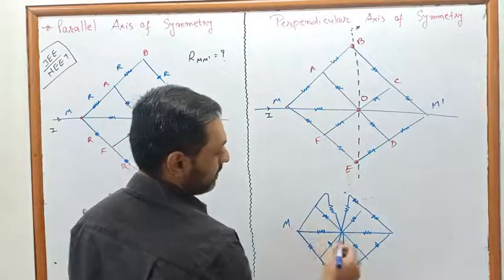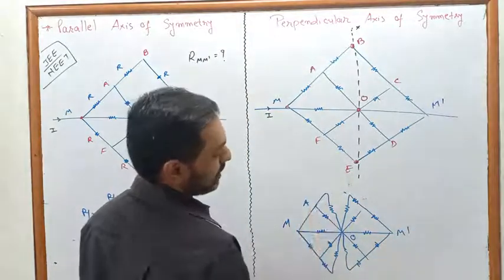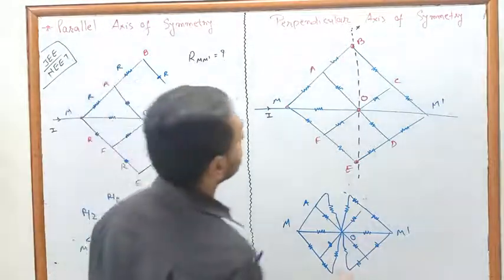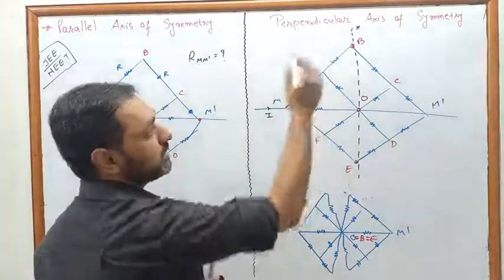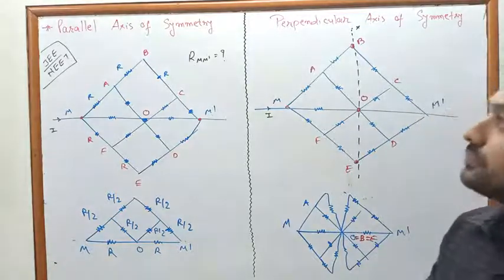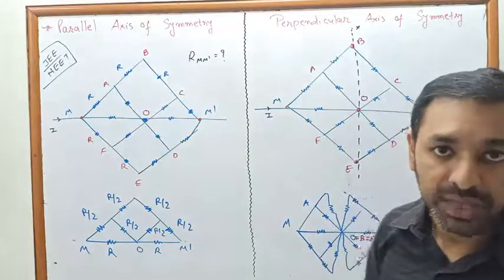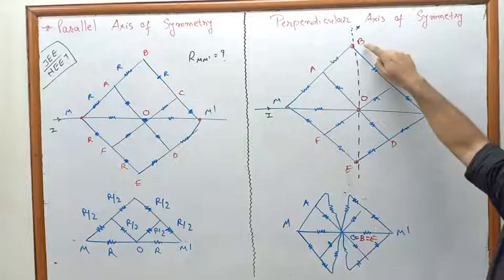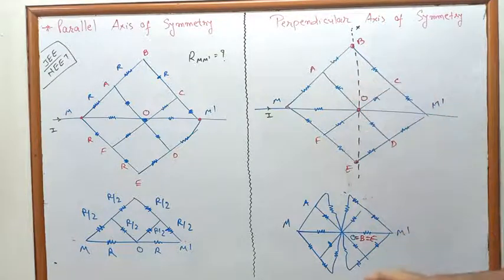This is point M, O, M dash. This is A. What you have done is you have joined point O is equal to B is equal to E. You have joined these three points. So it is very simple. If you find parallel axis symmetry, then you can fold the network, and if you find perpendicular axis symmetry, in that case the points on the perpendicular axis you can join them or overlap them.